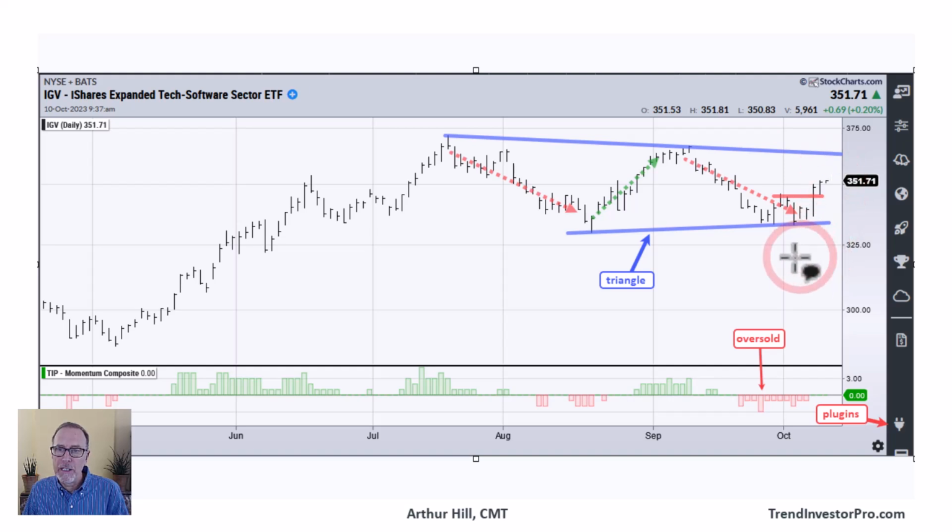Now, one more thing to notice on this chart is you can see here, there's the momentum composite hitting -3. That's an oversold condition, a short-term oversold condition. So that's the heads up to look for a potential short-term reversal because you've come down far enough to become oversold. And if you get a reversal, that could give you a good reward to risk entry point. And so we get this little oversold condition alert, and then we get the signal with the breakout there.